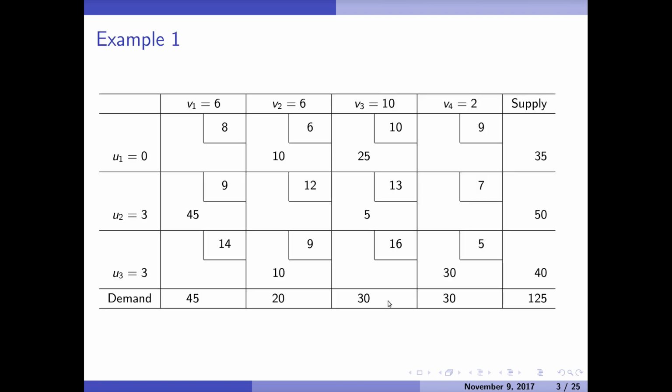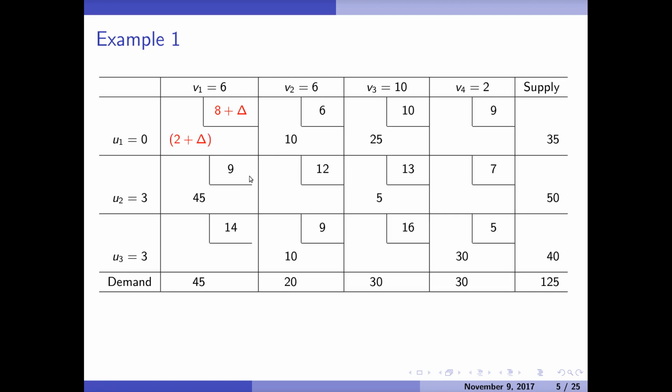Okay, so let's do an example. Which one should we change? How about the 1, 1 position? If this is 8 plus delta, then what does that do to our tableau in general? That's going to just change this value, right? Because 8 plus delta minus 6 is going to be 2 plus delta.